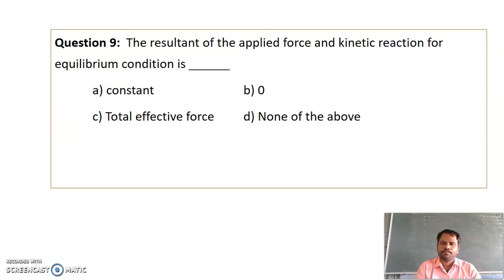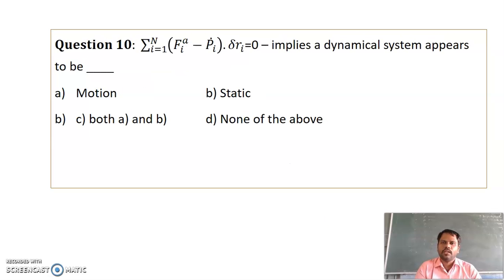Question number 9. The resultant of the applied force and kinetic reaction for an equilibrium condition should be 0. Question number 10. This expression implies a dynamical system appears to be in a static state.